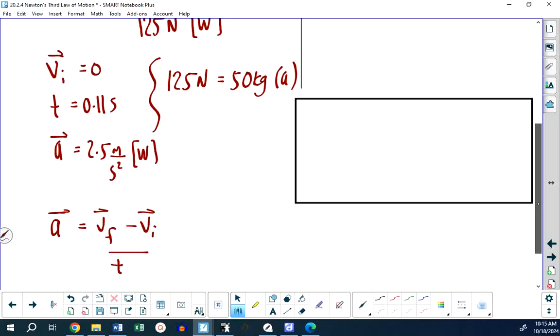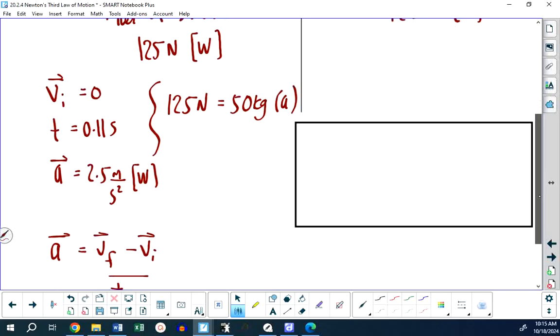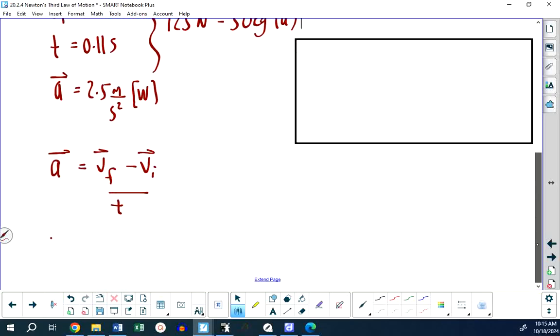We don't need them in this case, though. So we can put in 2.5 equals VF, which is what we're after, minus VI, which is 0, over 0.11 seconds. I hope you see when you multiply the meters per second squared by the seconds, you'll get meters per second.